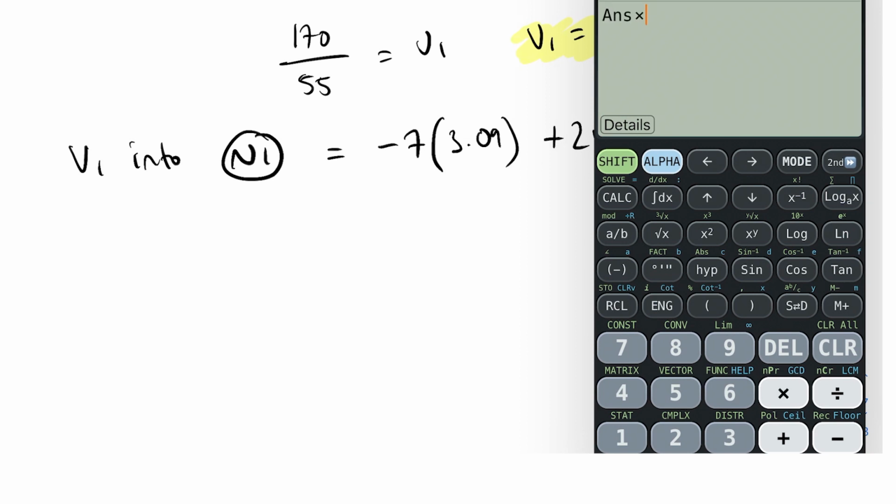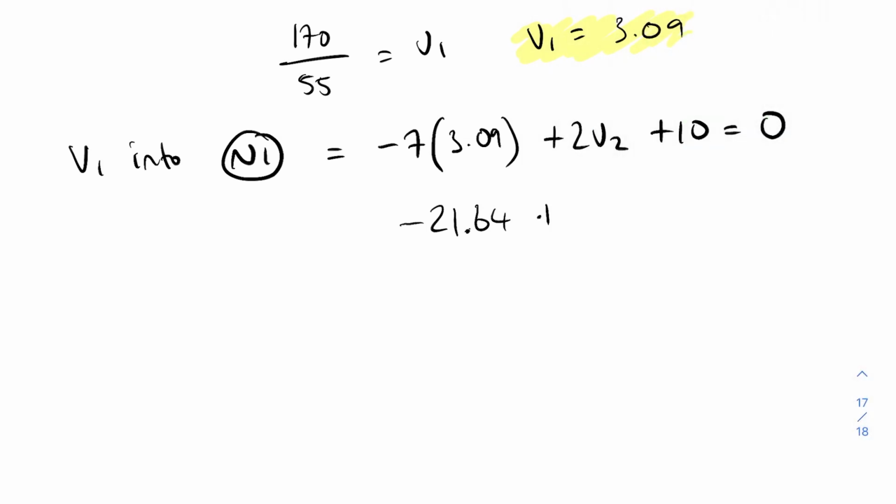So answer times minus 7, and that gives us minus 21.64. So plus 2V2 plus 10 is equal to 0.